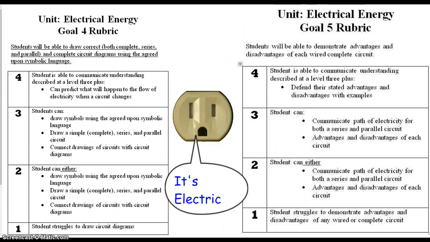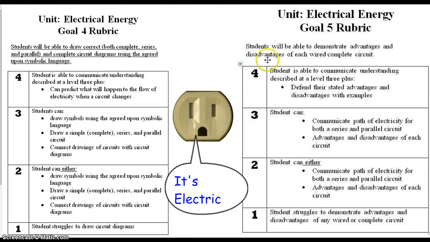If you're going beyond that, you are able to predict what will happen to the flow of electricity when a circuit changes, like when a switch is open or when a circuit becomes shorter. So being able to explain what's going to happen when the circuit changes.